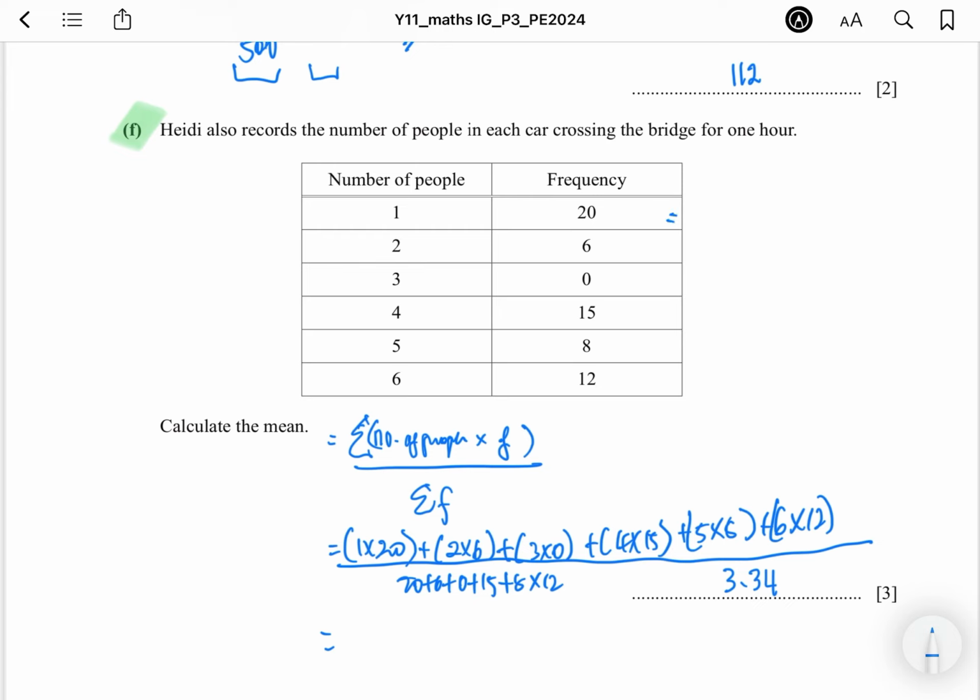You can do all the multiplication here as well. 1 times 20 is 20, this is 12, this is 0. 15 times 4 is 60, 5 times 8 is 40, 6 times 12 is 72. You can total this up. This is 61.